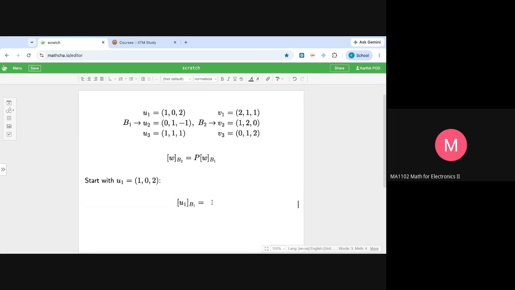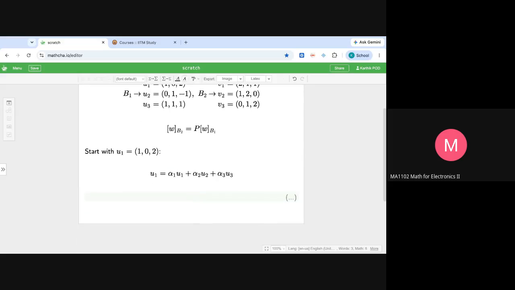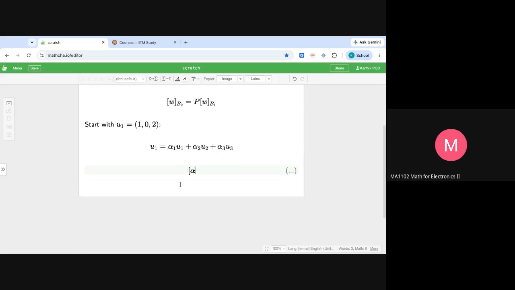This is some linear combination: alpha 1 U1 plus alpha 2 U2 plus alpha 3 U3. Of course it's not equal to this, but we are writing just the coordinates. So the representation of U1 in the basis B1 will just be alpha 1, alpha 2, alpha 3. This is in general, so it is not necessarily U1.